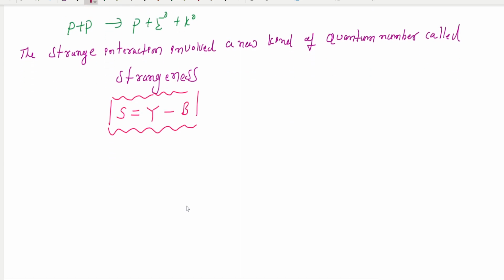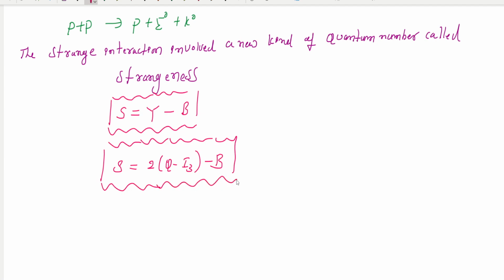Strangeness number is one formula: we know the hypercharge is twice the difference between the charge and the I3 component, and B means baryon number, right? These are all the strangeness number formulas. You can go with whichever you like for shortcuts.